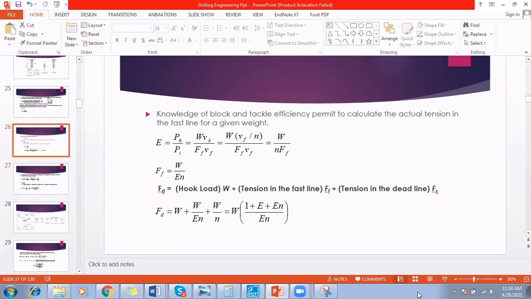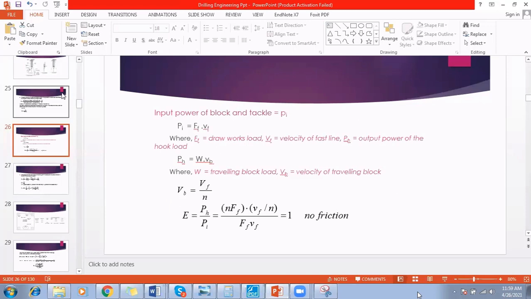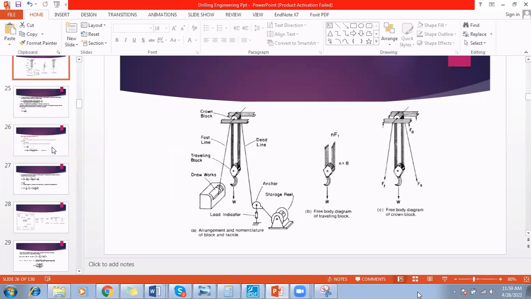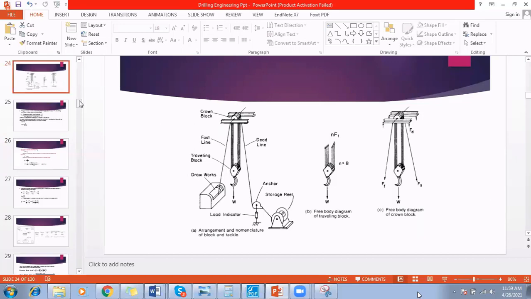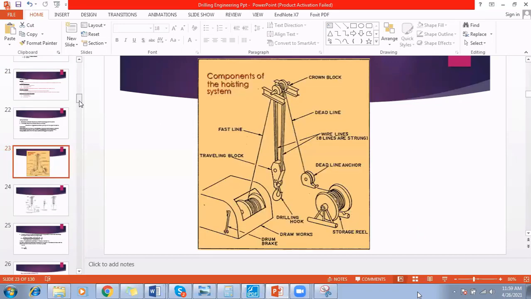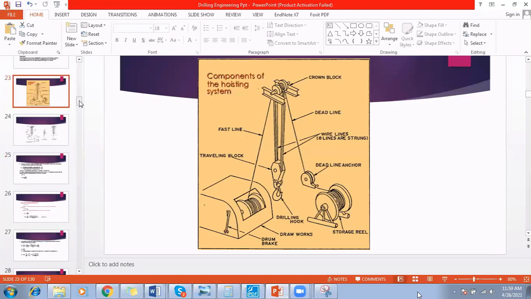So what we have covered today is the basics of cable tool drilling, the main components of rotary drilling, and the components of the rotary drilling rig, in which we firstly discussed the hoisting system, power system, and after discussing the power system, we actually discussed the hoisting system.